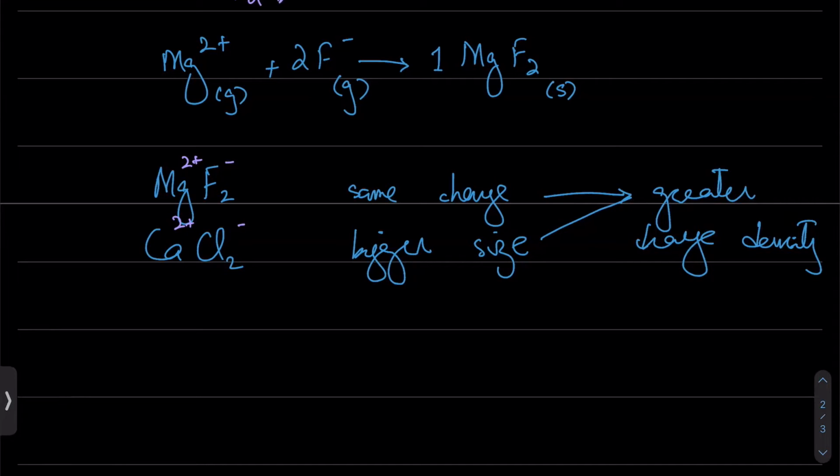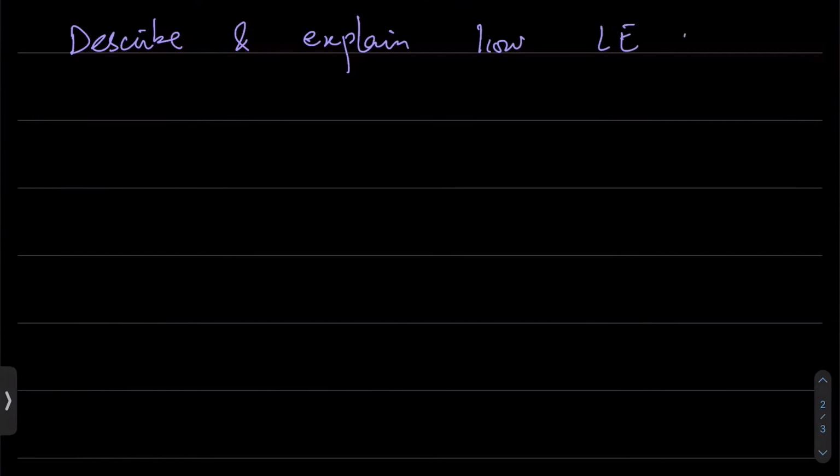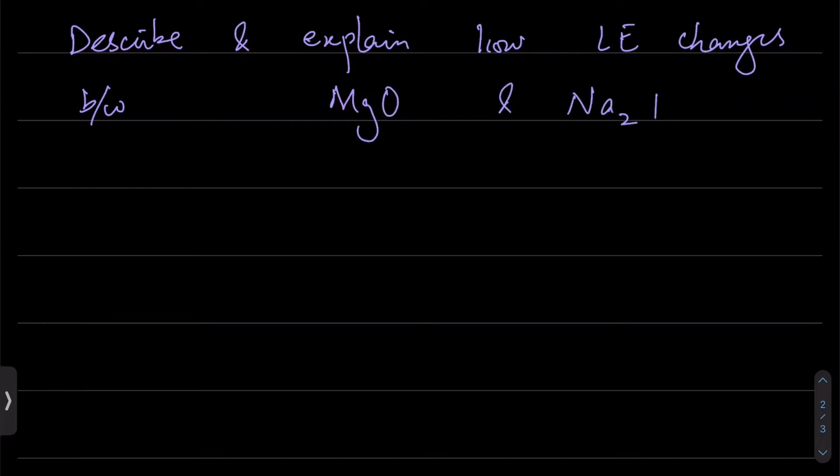So I'm going to ask you to spend 2 minutes on this and write how. So again, describe, which means how, and explain how lattice enthalpy changes or lattice energy changes between, here are the two things, magnesium oxide and sodium oxide.